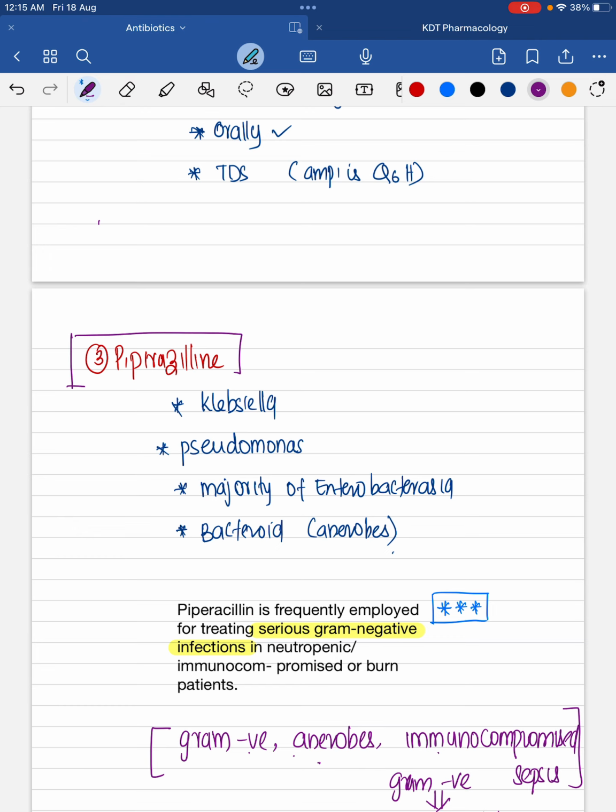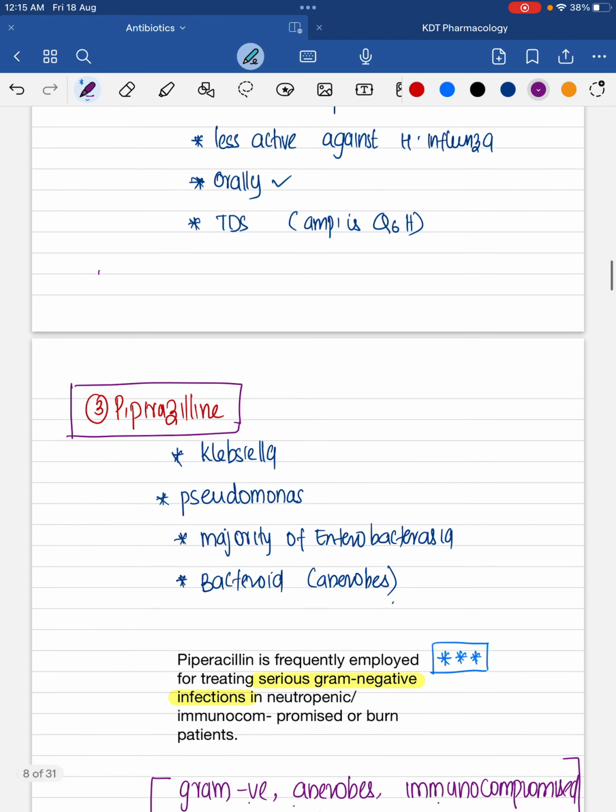The next penicillin group is piperacillin. This is very commonly used in combination with tazobactam, known as Pipzo. It will be acting against Klebsiella, Pseudomonas, the majority of the Enterobacteriaceae, which means gram negative bacteria, and anaerobes.